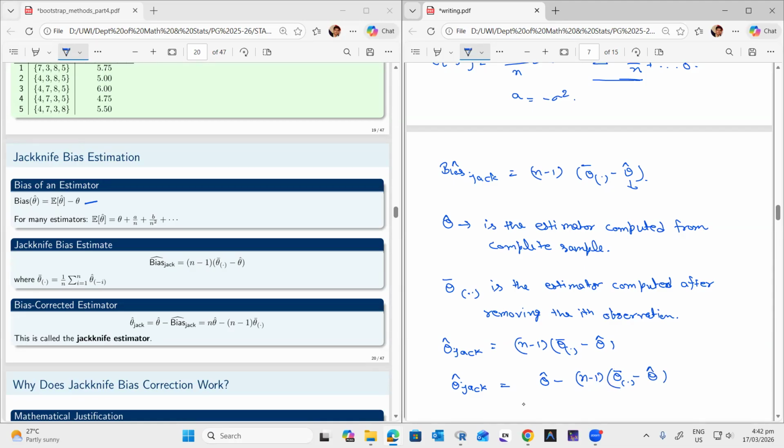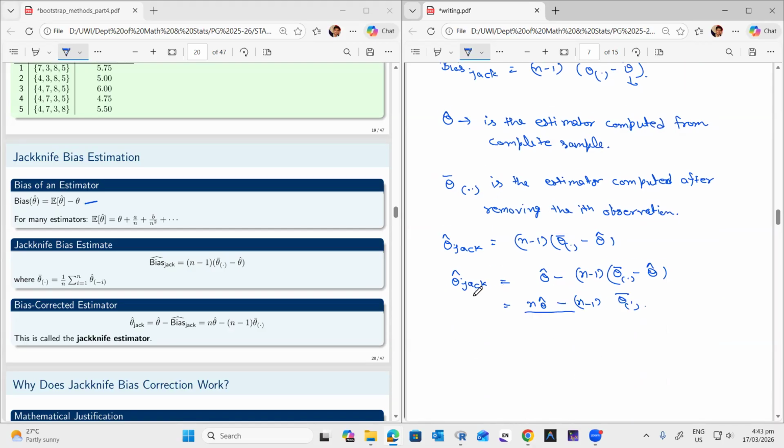Okay, so when you are going to solve this one, multiply n minus 1 inside the bracket, so you will get n theta cap minus n minus 1 theta bar dot. So that is the formula that we get after solving this one. Okay, theta cap minus bias.